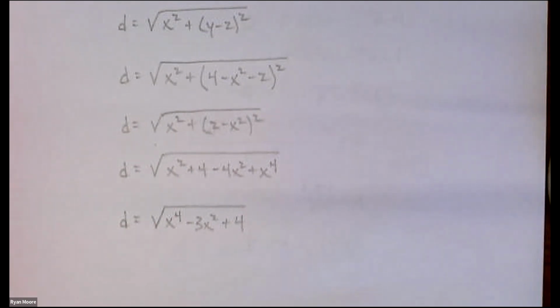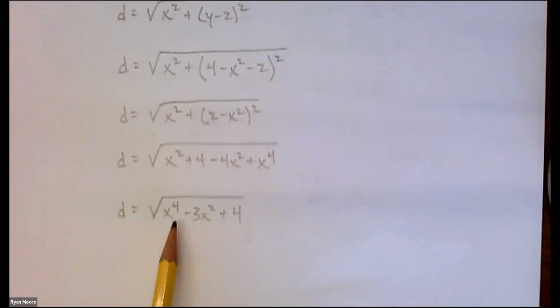Something a little bit different about this question at this point. Think about it like this. We're trying to minimize the distance, right? What x value will minimize d? That's the goal. Okay.